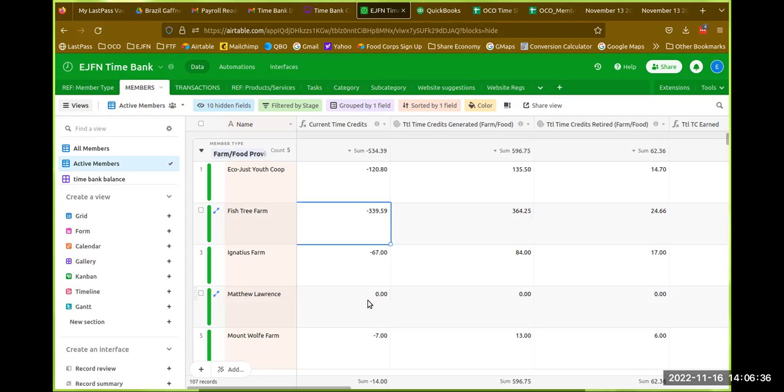So yes, we do need more farms in the system in order to generate more work opportunities. But in terms of the Fish Tree Farm time debt itself, the only way this can go down is if people start spending their time credits at my market stalls.